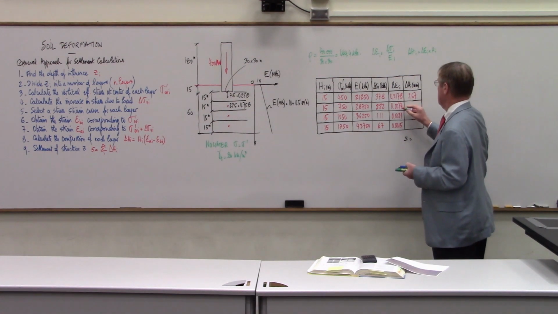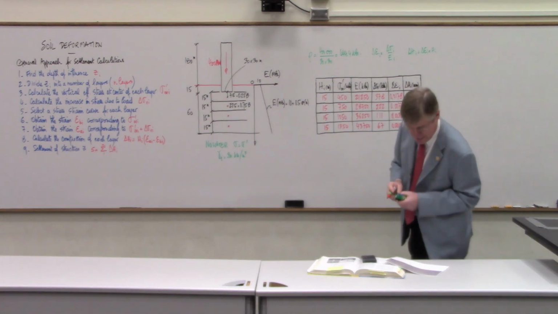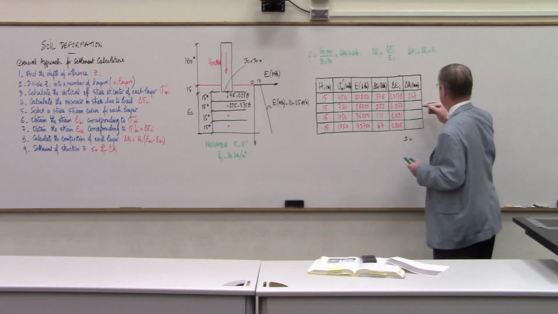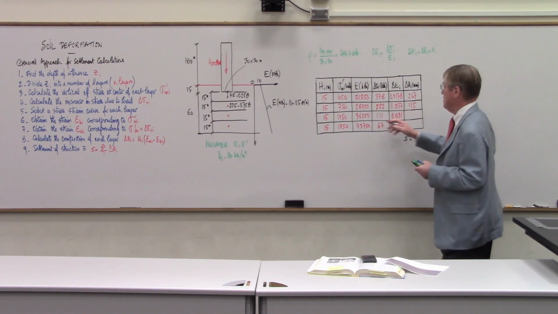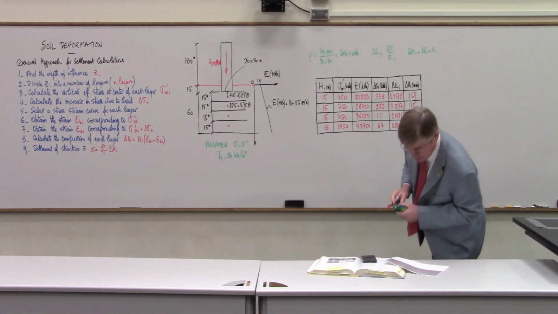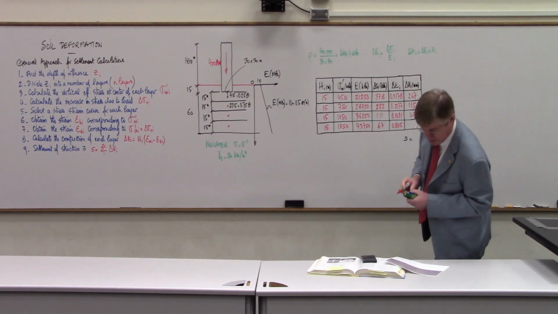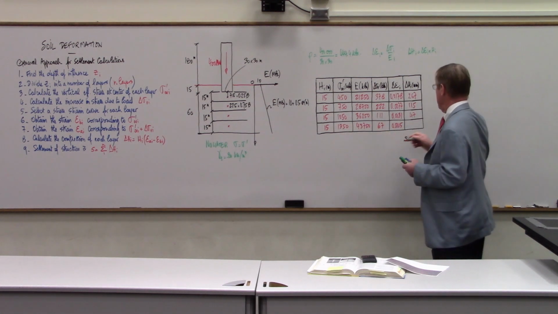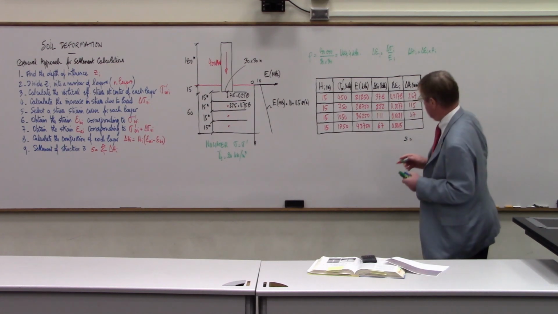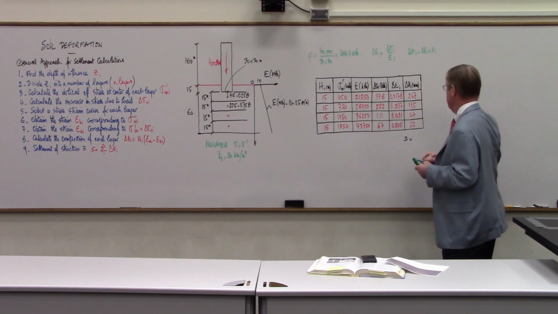And then I do 0.0077 times 15,000, and that gave me 115. Then 0.0031 times 15,000, that gave me 47. And then the last one, 0.0015 times 15,000, that gave me 22 millimeters.